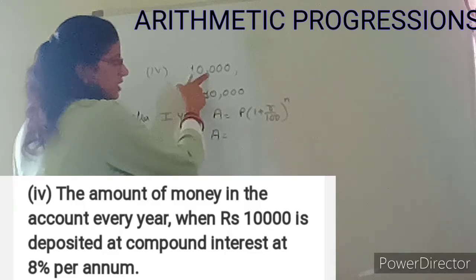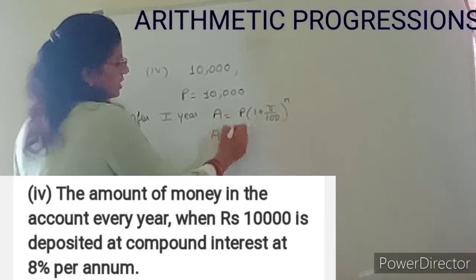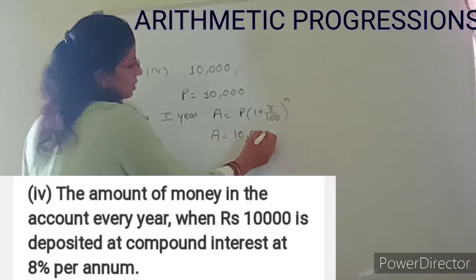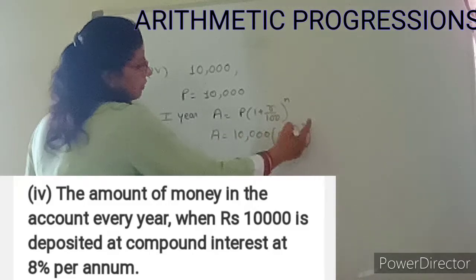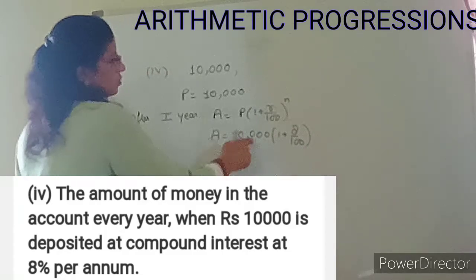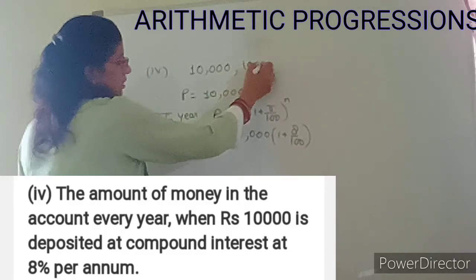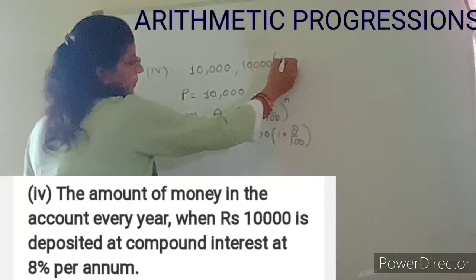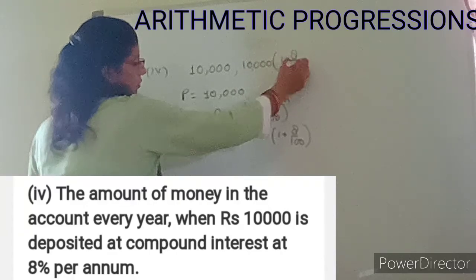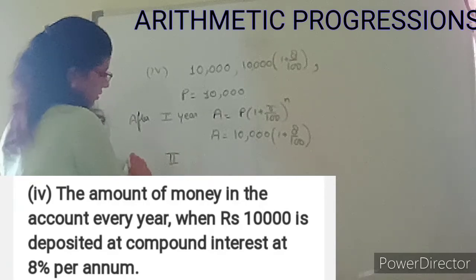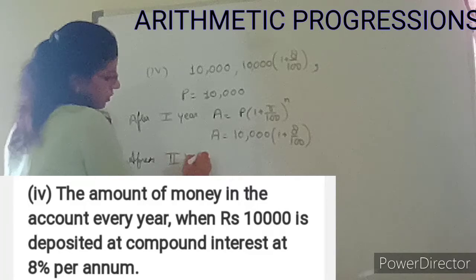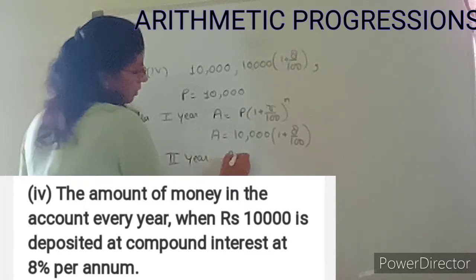See, when you started, the principal was 10,000. So 10,000 times 1 plus 8 upon 100 raised to the power n, for the first year n is 1. Okay, so this is the first term: 10,000 times 1 plus 8 upon 100. Then the next term, for the second year: after 2 years, what will be the amount?